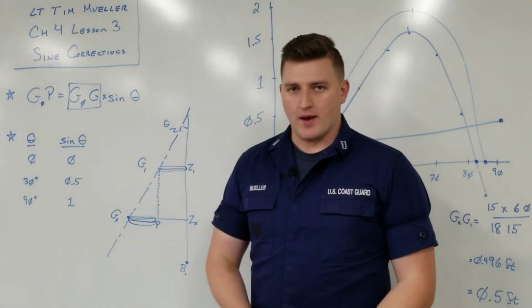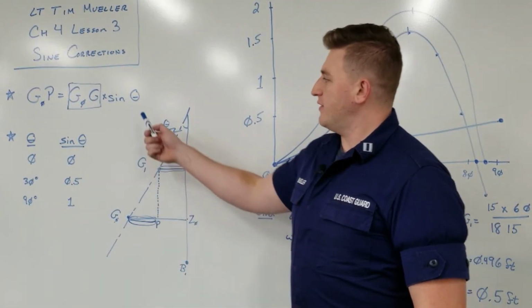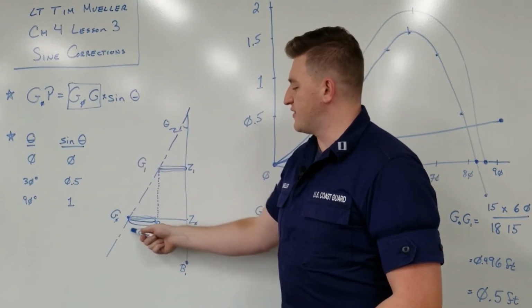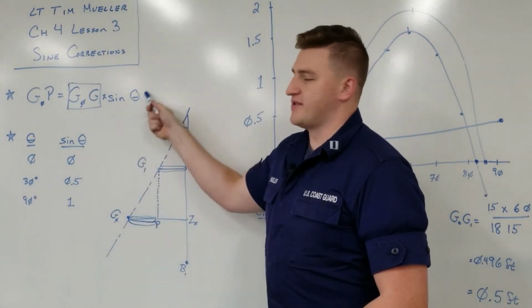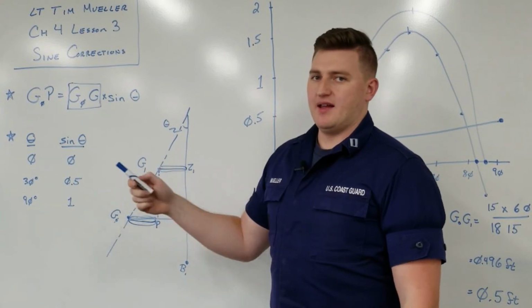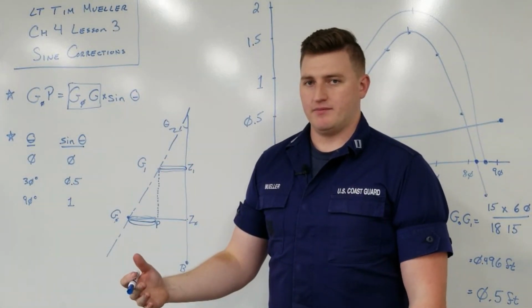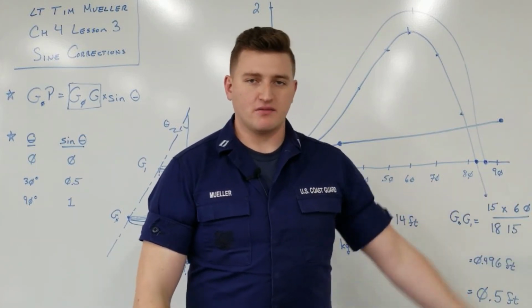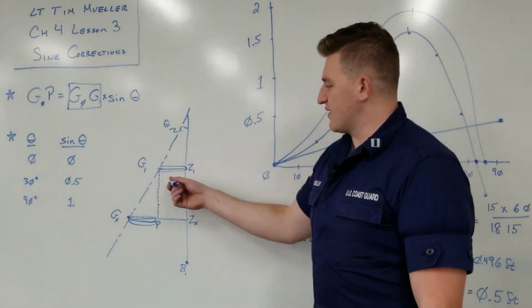The biggest takeaways from this lesson is probably going to be exactly how the righting arm is reduced due to the behavior of sine theta. This sine has a minimum at 0 degrees, and then a maximum of 1 at 90 degrees. Just always think of the stability triangle.